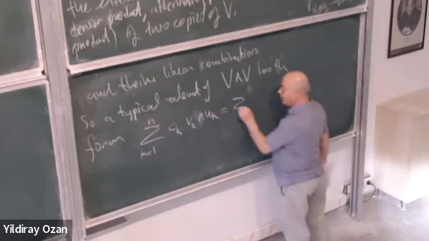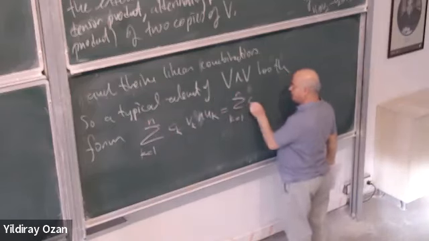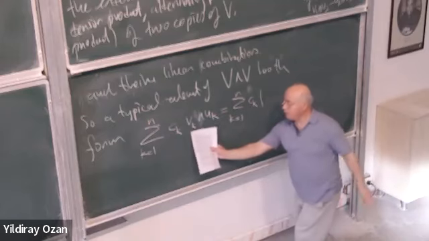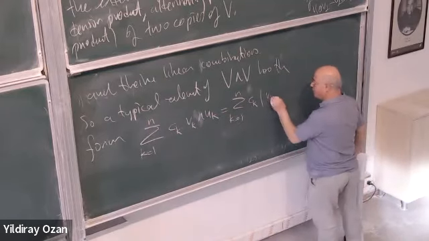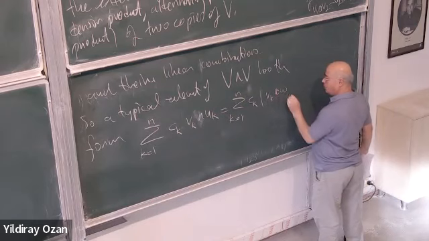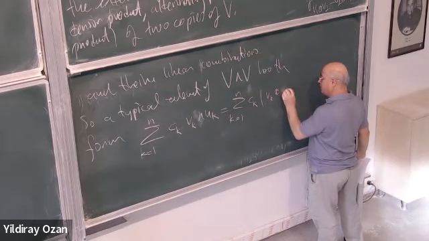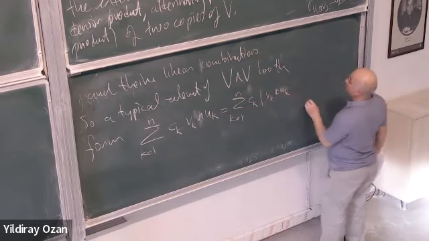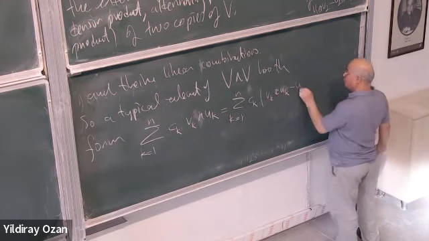Or instead of this I can write the following: U_K tensor U_K minus U_K tensor U_K.